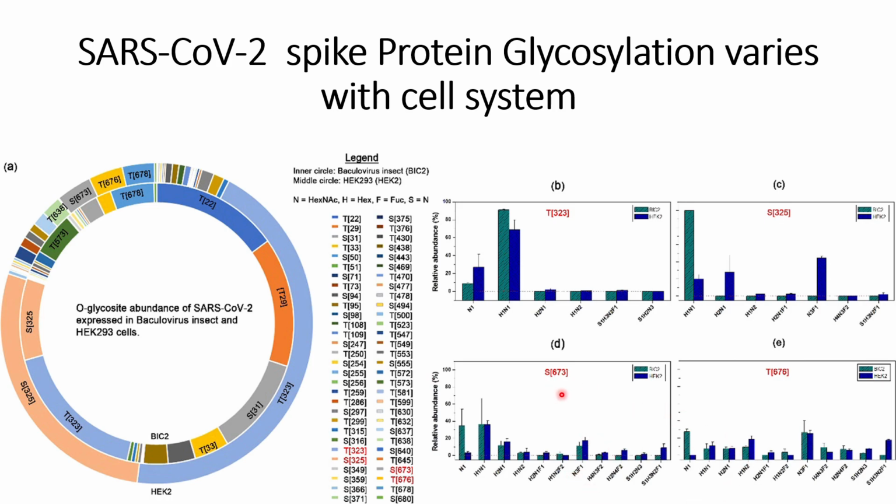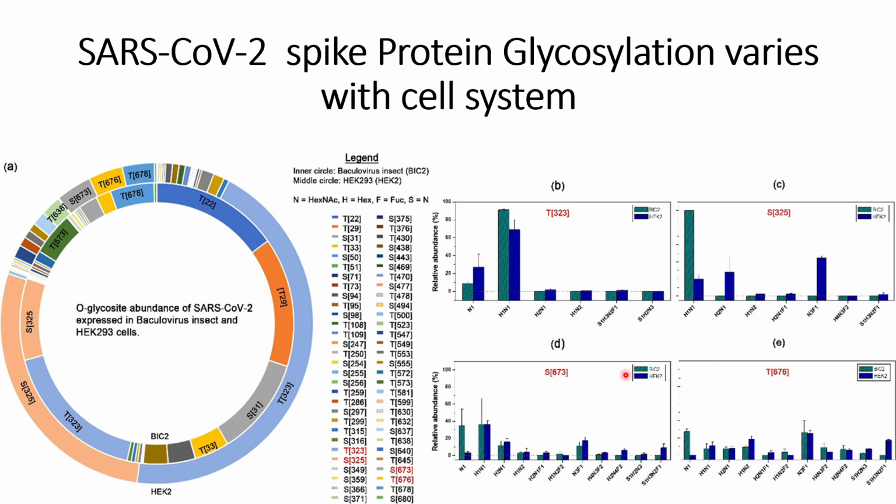So the O glycosylation varies at the 673 site, not only within the cell system but also across the cell systems. For the T676 site, a similar trend is observed: different glycosylation is seen in the HEK cells, such as S1, H3 and 2F1, N3F1 and H2N2. However, for the BIC2 cell line, different glycosylation is observed between N1, H1N1, N3F1, H2N1 and H1N2.